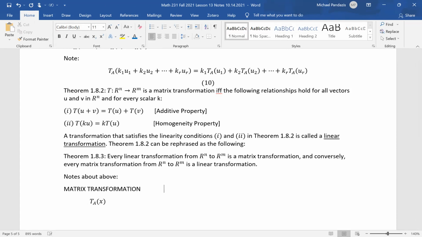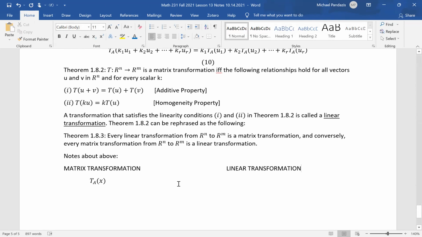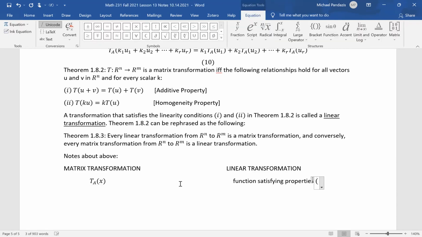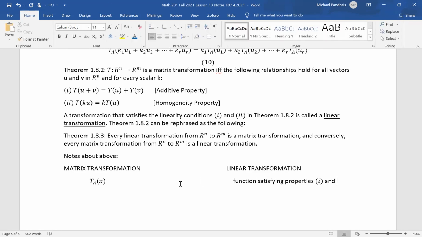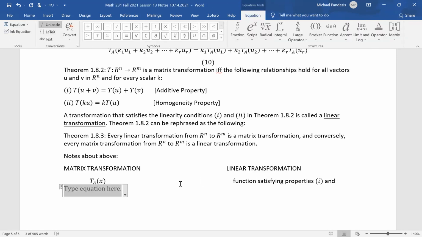When you think of a linear transformation, you're thinking of a function that satisfies the two properties above, properties 1 and 2.